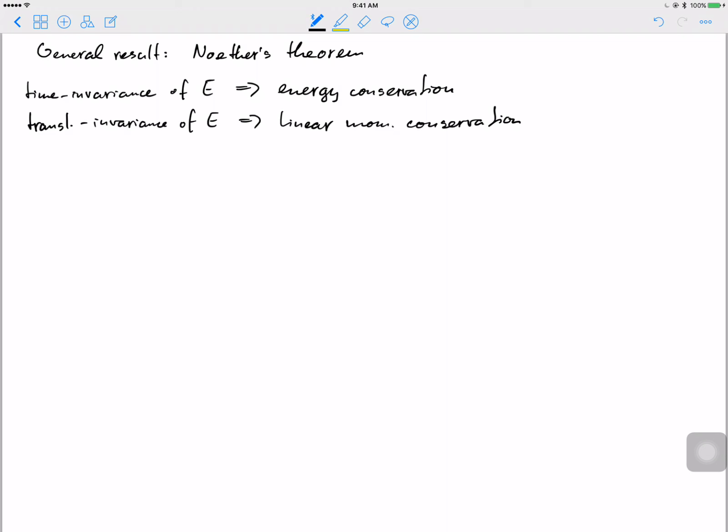And here the linear momentum can have different meanings depending on what exact translations the potential is invariant to. There is no one canonical linear momentum, like one canonical energy, but there are different types depending on what exact translations it is invariant to.